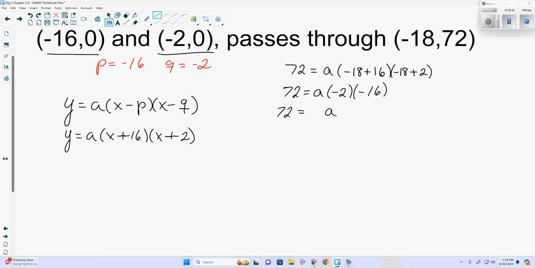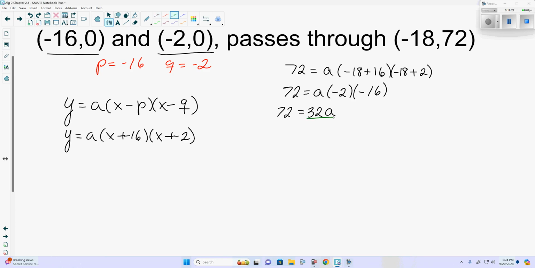Questions on this so far? When we multiply these three things together, we will get a times -2 times -16. Negative times a negative is a positive. So 2 times 16 is 32.